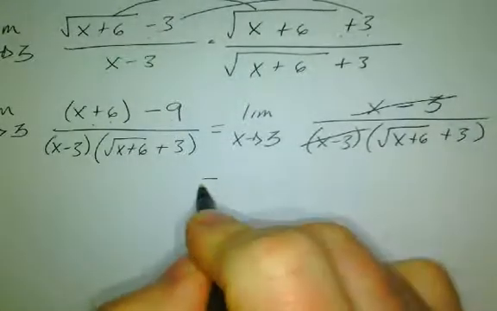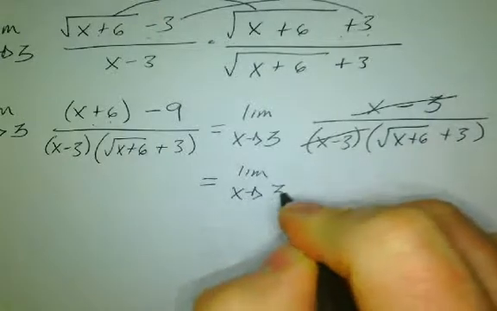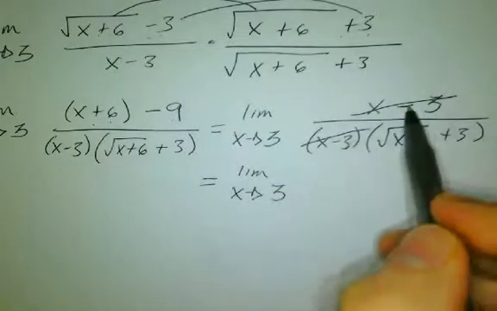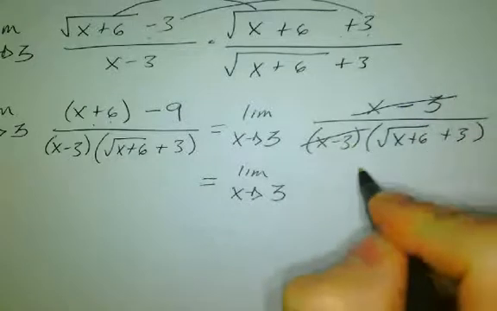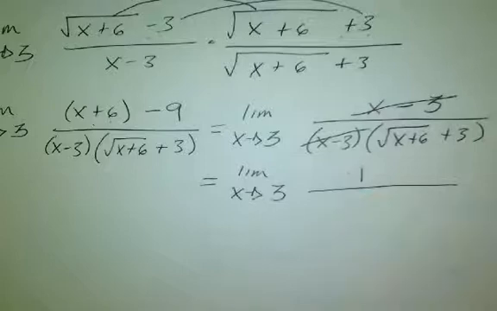Okay, so now I can write a limit that I know I can find. This cancels out, so that becomes a 1, because x minus 3 divided by x minus 3 is just 1.